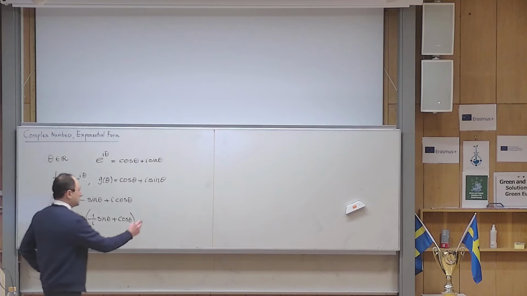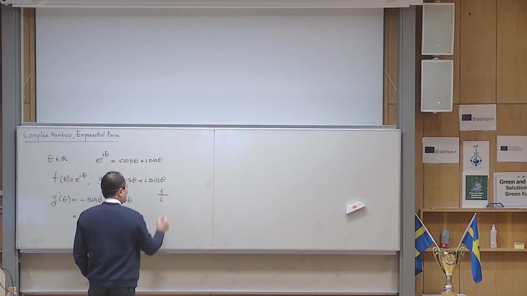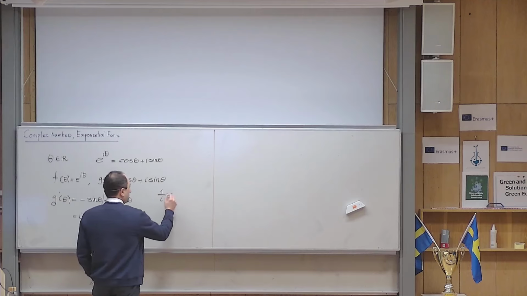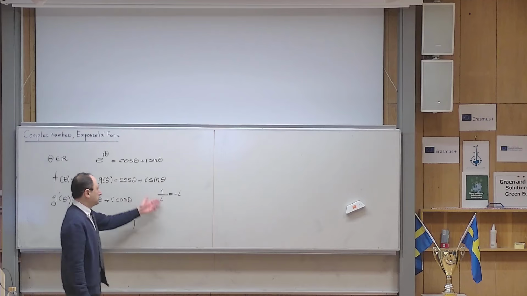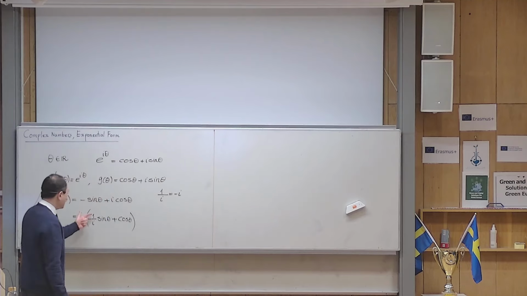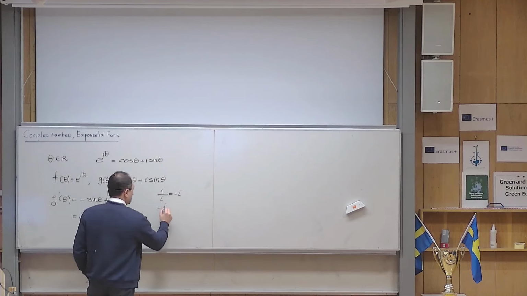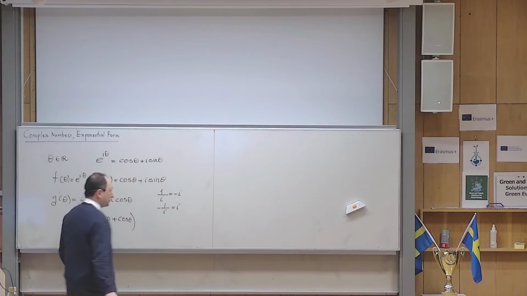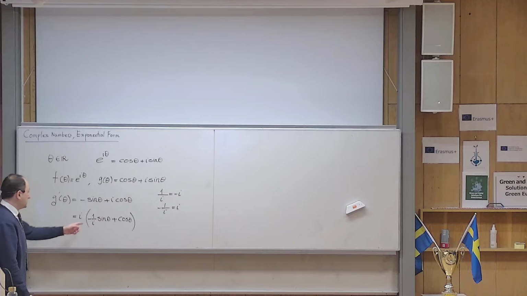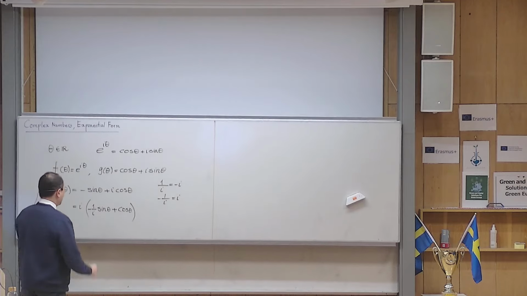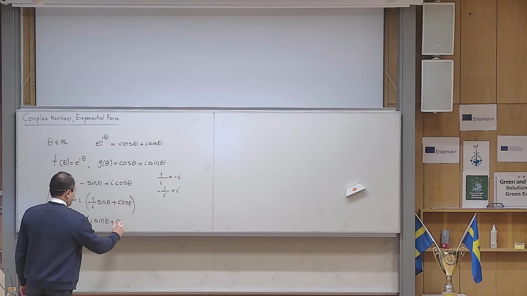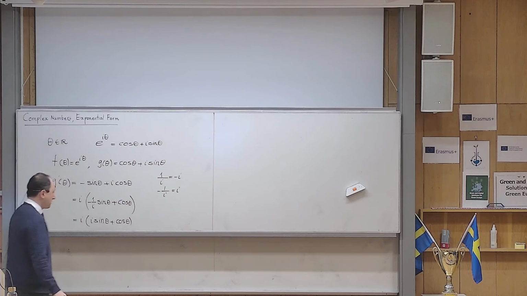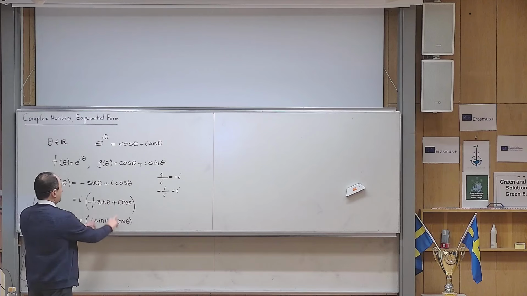But do you remember what is 1 over i? 1 over i is also equal to minus i. Yes, do you remember that? 1 over i is minus i. So minus 1 over i is nothing except i. So instead of minus 1 over i I can write i. Do you agree?